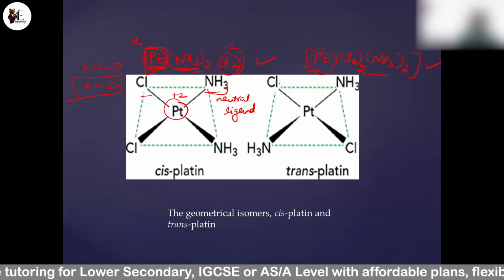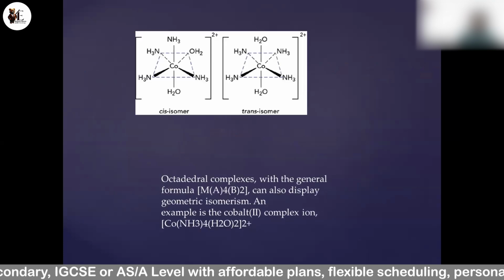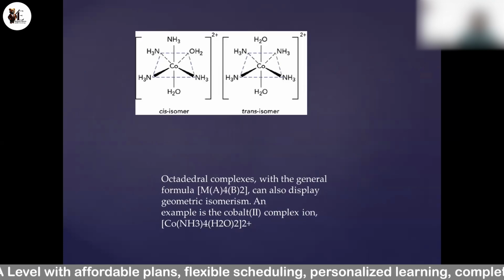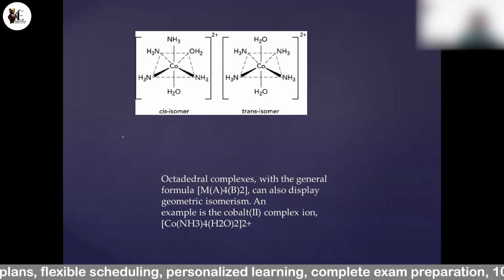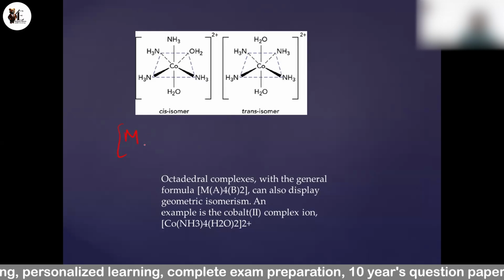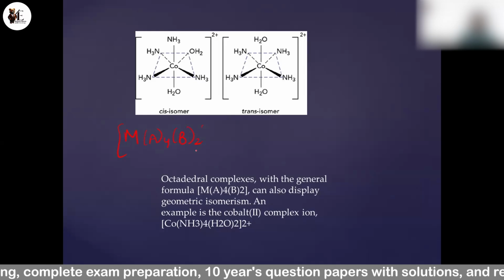Done writing? Yes, ma'am. Okay, now we have another, octahedral complexes. The general formula is MA4D2, where M is your transition metal atom, A is the ligand, and D is the other ligand.